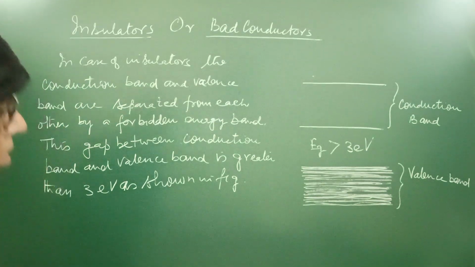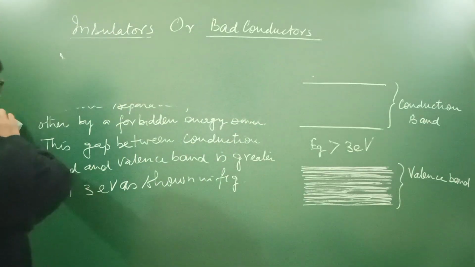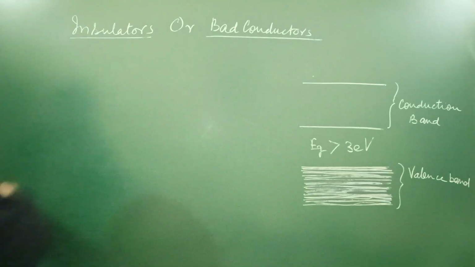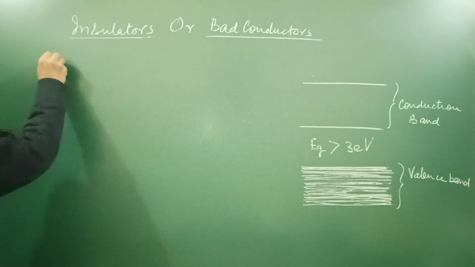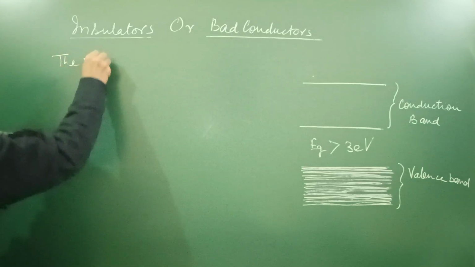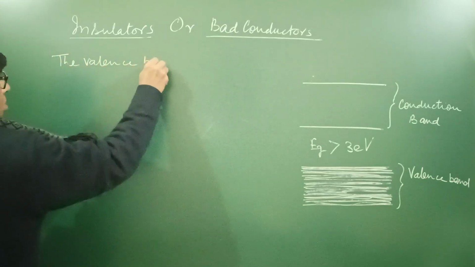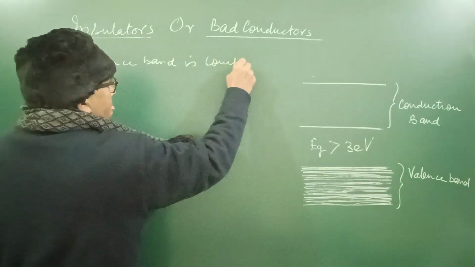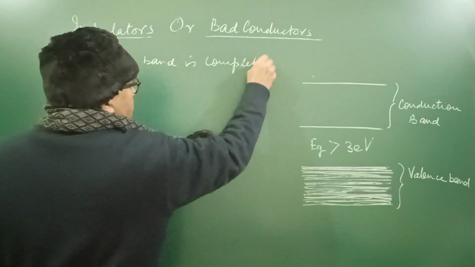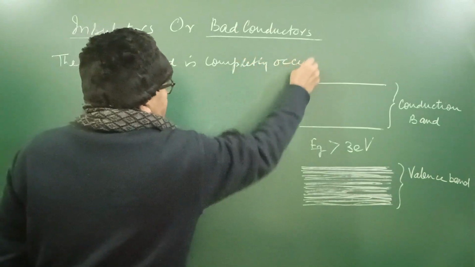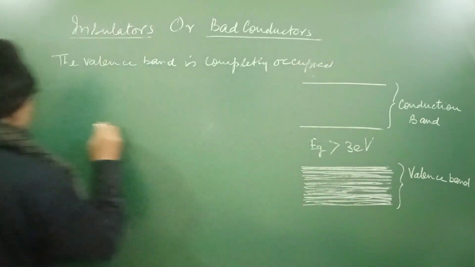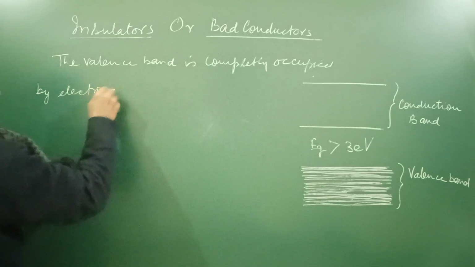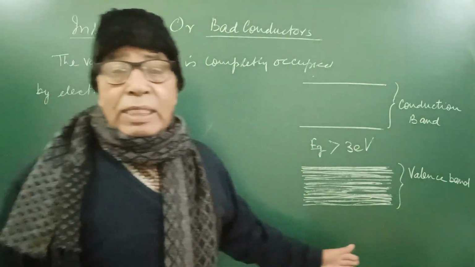The valence band is completely occupied by electrons, meaning no energy level is left unoccupied.